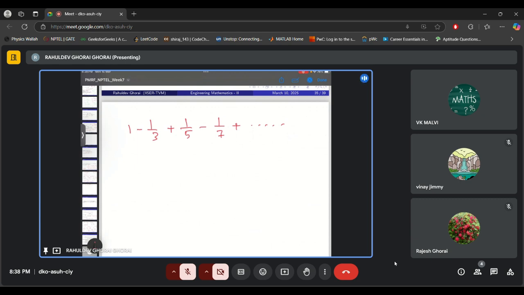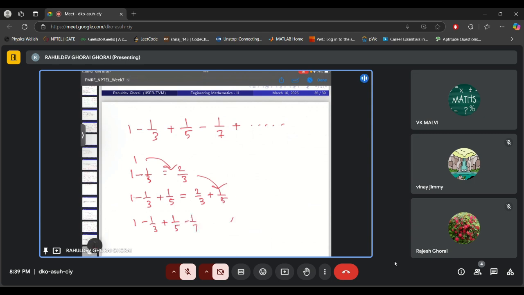First of all, how do you talk about convergence? First you take 1, you take 1 minus 1 by 3, it will be 2 by 3, some number. Then 1 minus 1 by 3 plus 1 over 5, so it will be 2 by 3 plus 1 over 5. 1 was bigger, then it reduces to 2 over 3, but again it increases, plus 1 over 5, minus 1 over 7.